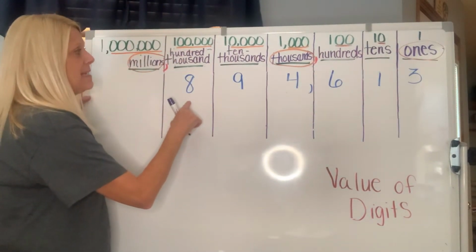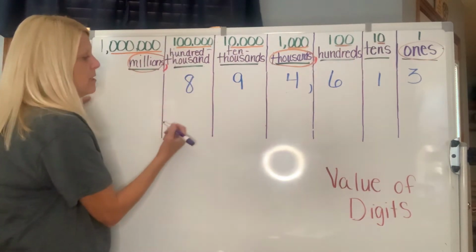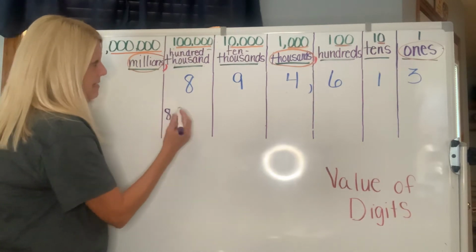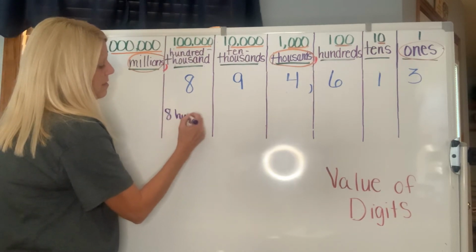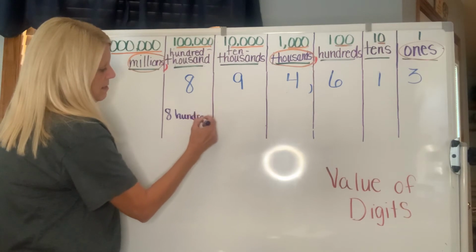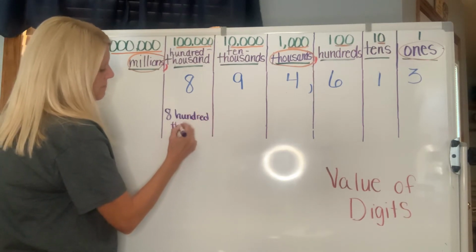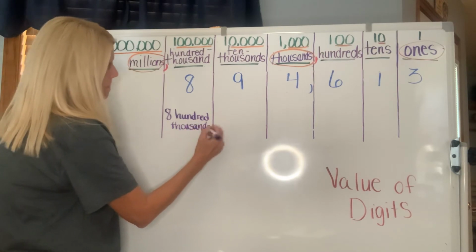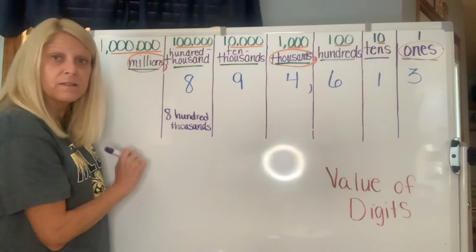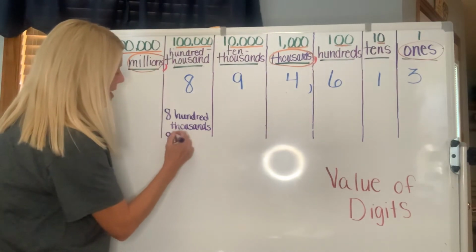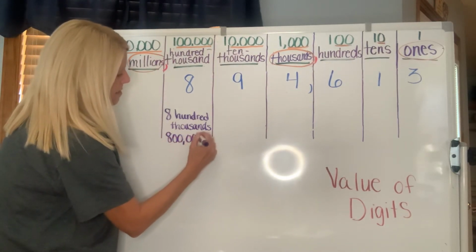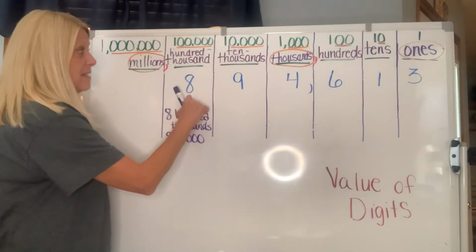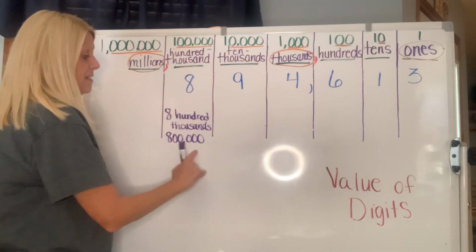Well, the 8 is in the 100,000s place value. So we can write that we have 800,000s. Or if we write it in standard form, we have 800,000. So the value of that 8 is 800,000.